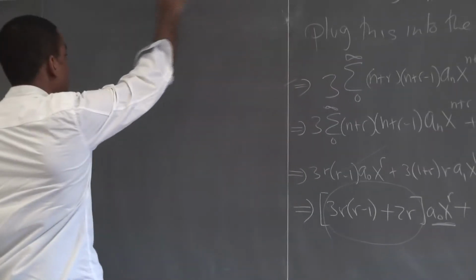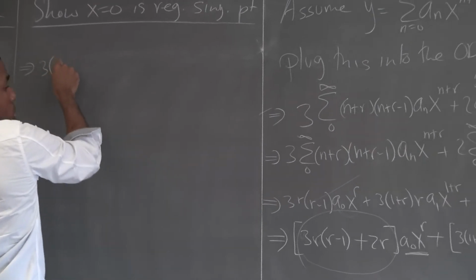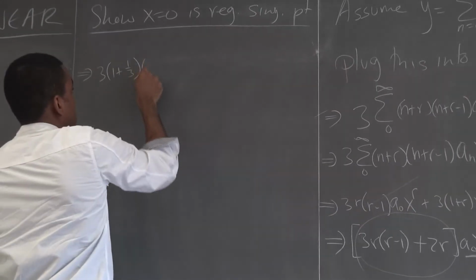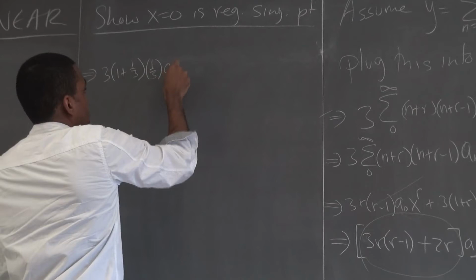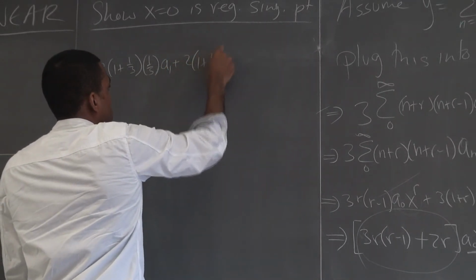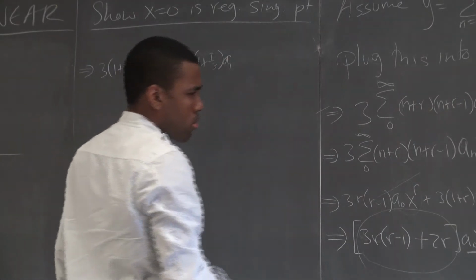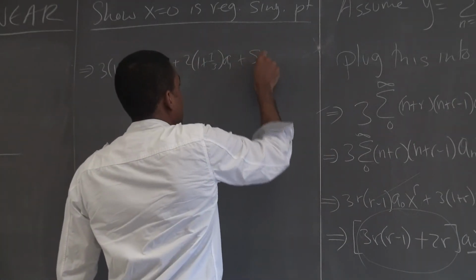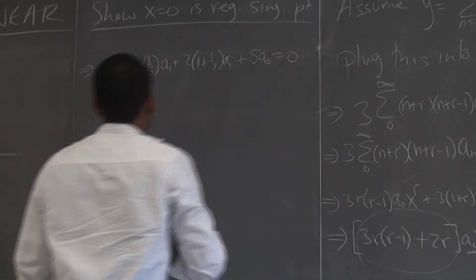We would have 3 times (1 plus 1/3) times 1/3 A1, plus 2 times (1 plus 1/3) A1, plus 5A0 equals 0.